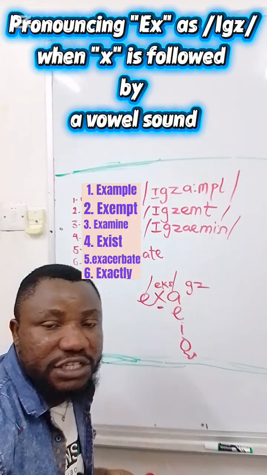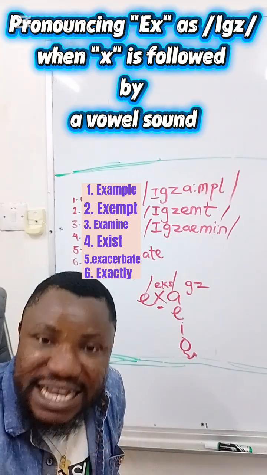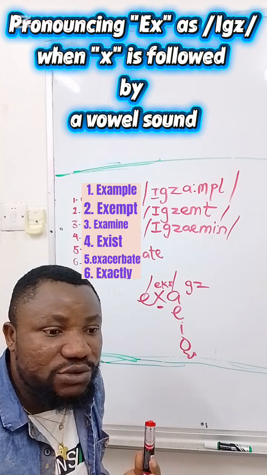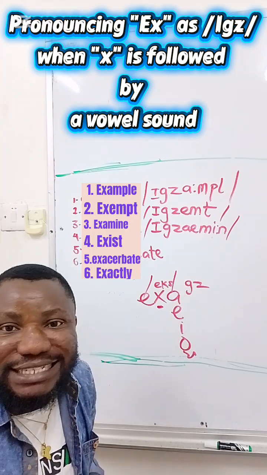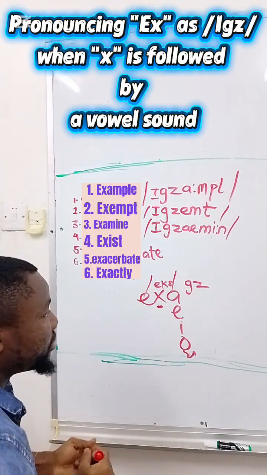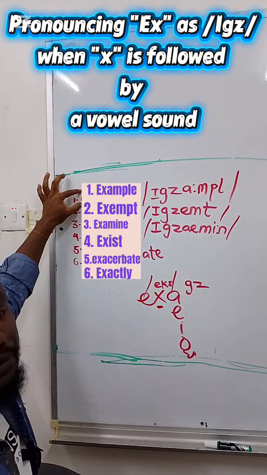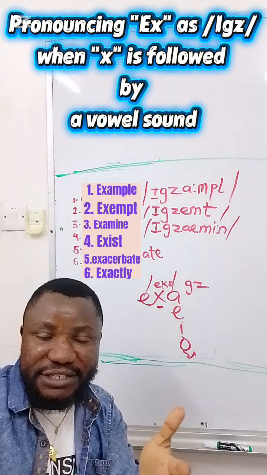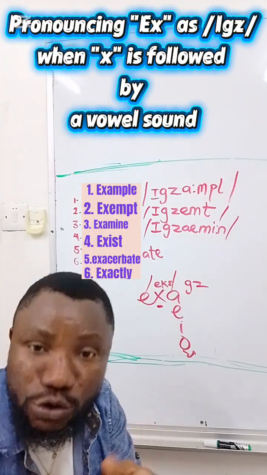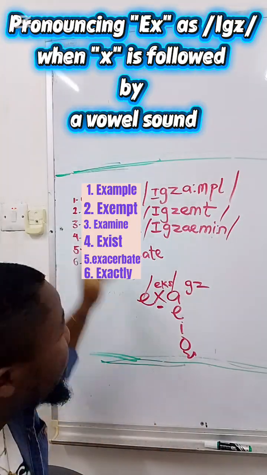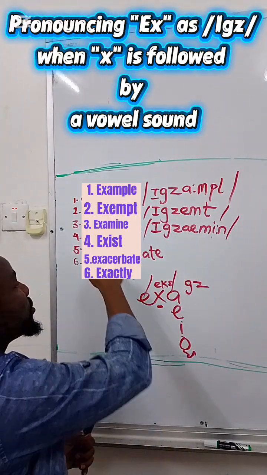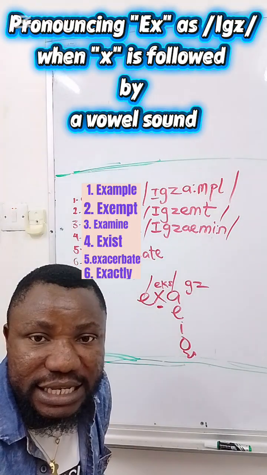And number four, we have exist. This existed a long time ago. Exist, not exist. I don't like how much we've talked about its existence. It's not existence, but existence. Remember, when you have this structure EX, and X is followed immediately by a vowel sound, the X is pronounced as giz. And so the same applies to exist.